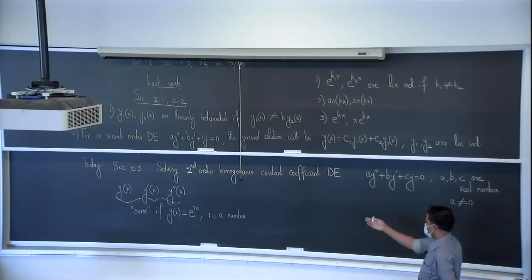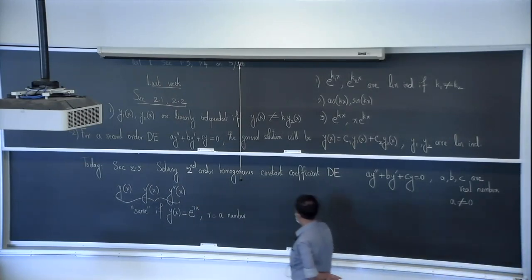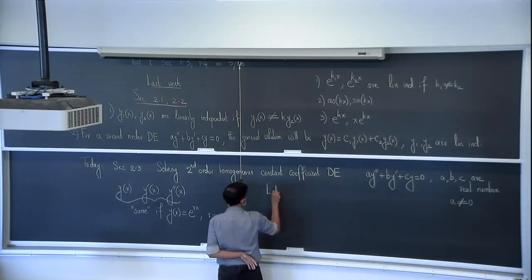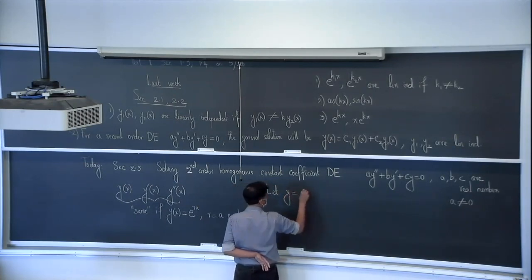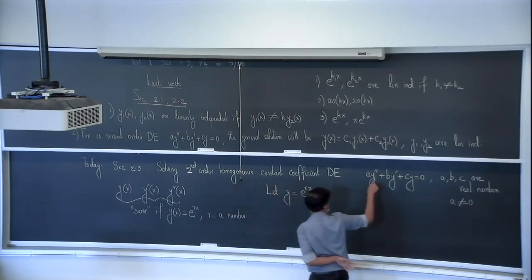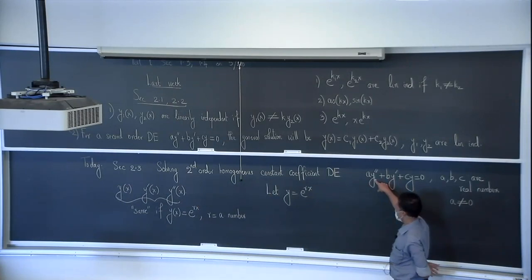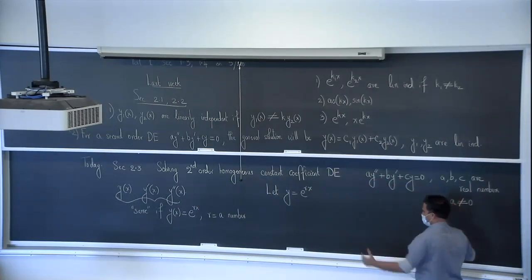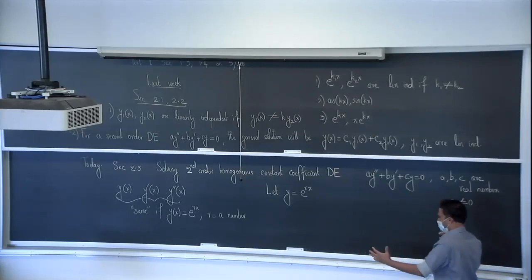That makes sense because if you take its first derivative, it's going to be r e to the power of rx. So let y equal e to the power of rx, because then if you take the first and second derivatives, it's still going to be exponential. That makes it sensible that you could add them and get that equal to 0.